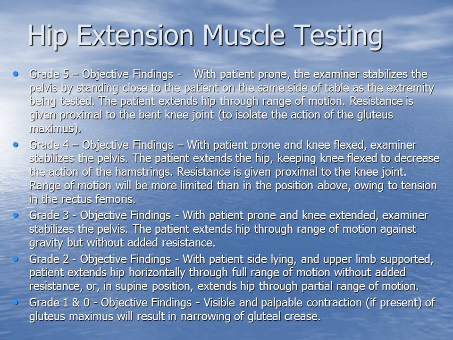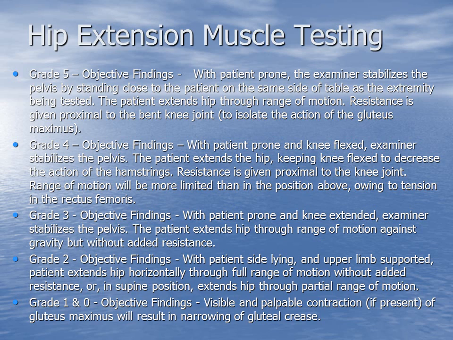With grade 2 and grade 1 and grade 0, we see increasing weakness. Grade 2 is when the examinee is able to extend the hip only in the gravity eliminated position, in the side lying position.